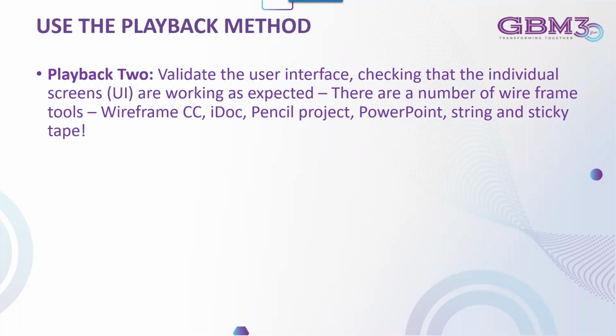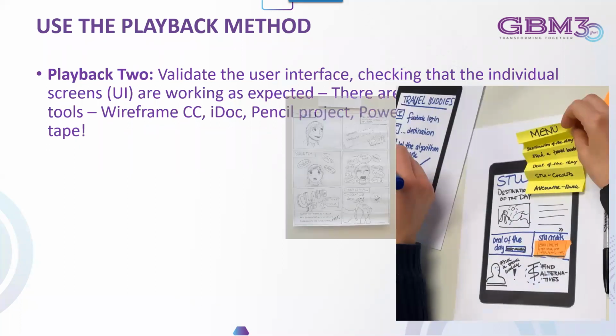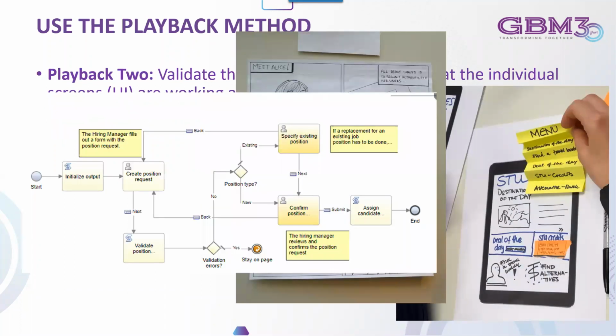There are a number of wireframe type tools around, wireframe CC, pencil doc, iDoc, PowerPoint even, and even string and sticky tape and post-its. Either way, we need to, at this point, validate that the user interface we're going to use is right. These are the screen flows.